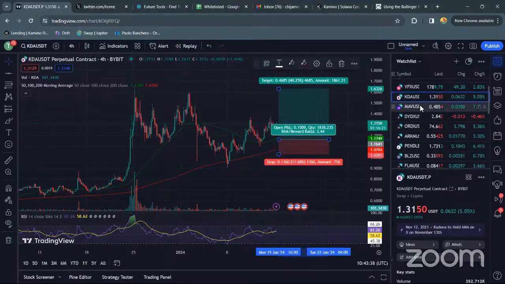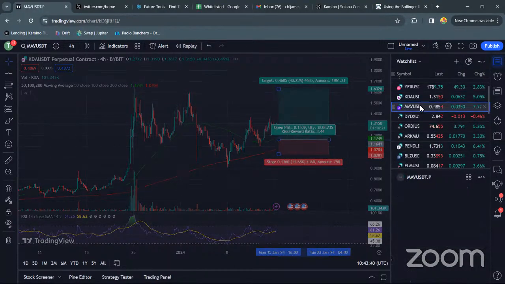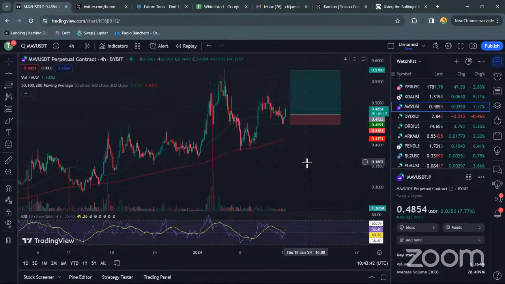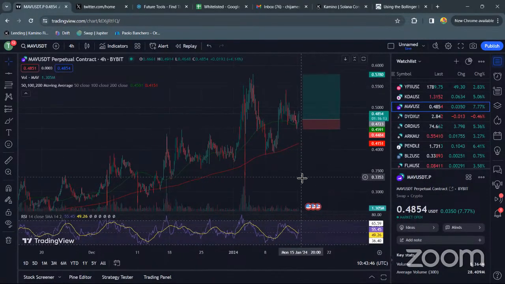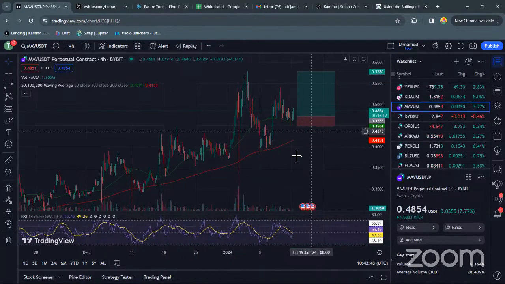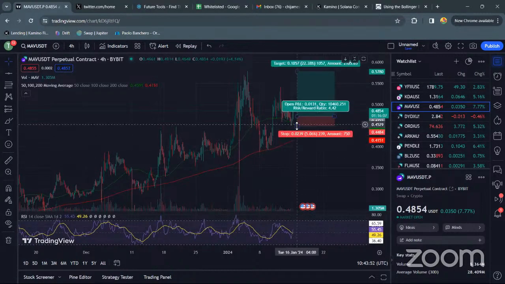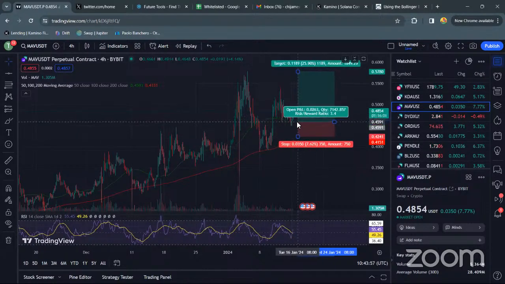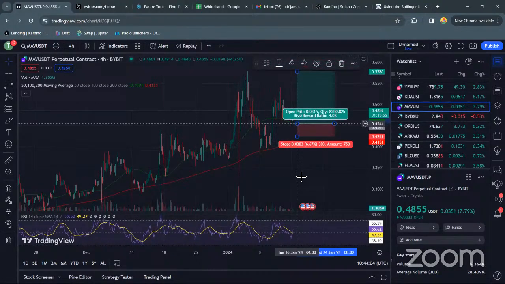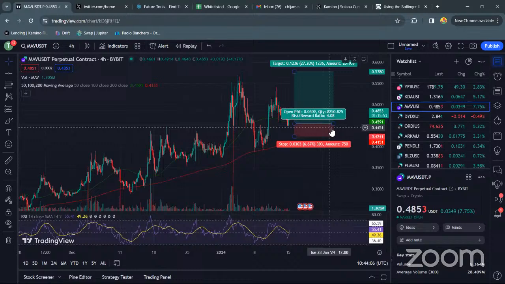So let's look at MAV. I'm also looking at MAV. MAV is really good to trade, especially on futures right now. I was trying to get the setup earlier, but I don't think my setup is correct, so I would review it. I'd rather enter somewhere around 0.45, because there's some resistance and support around there.